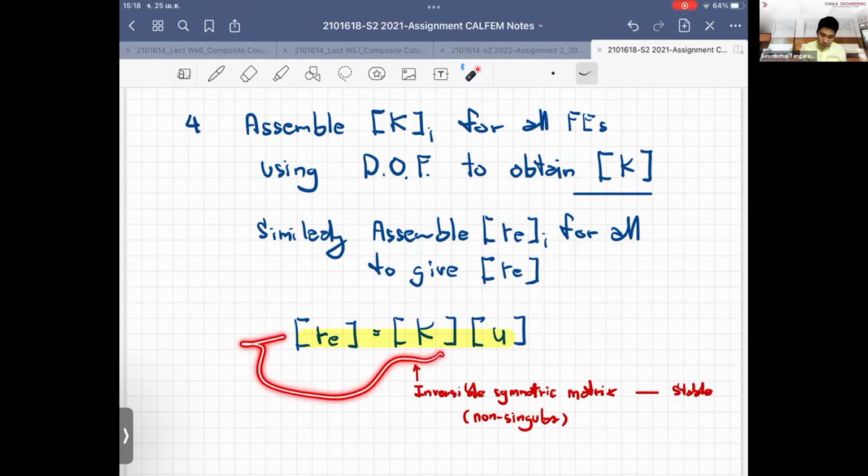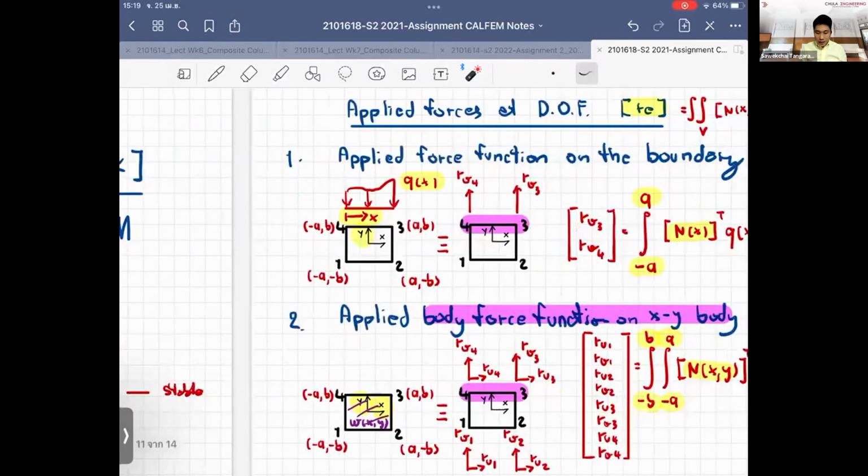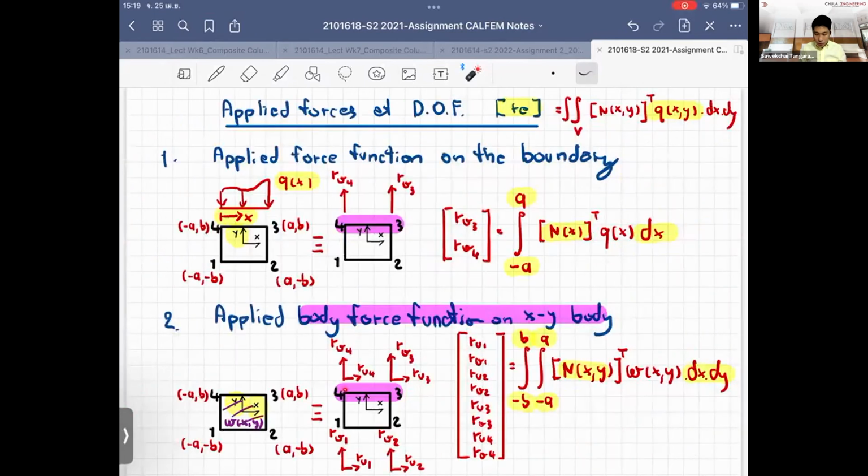You take the inverse and apply it to the force matrix that you assembled for the whole structure, and you obtain the value of the displacement. The displacement goes for each degree of freedom. And how do we use this displacement? You have to take this displacement and send it back to each of the elements.